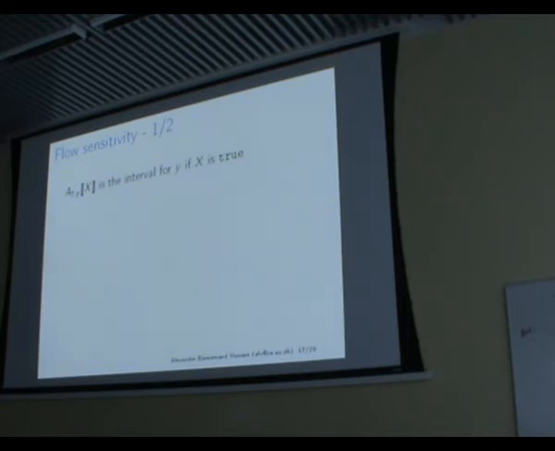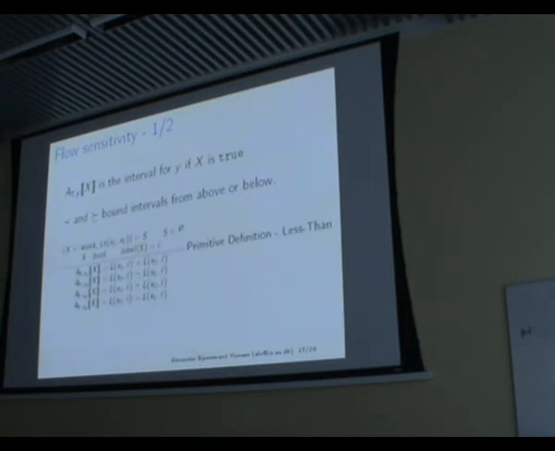I write a lattice A. This means that for the variable x, if this variable is true, then the interval for y is the result of this expression. So I create two functions that bound intervals. I create this constraint.